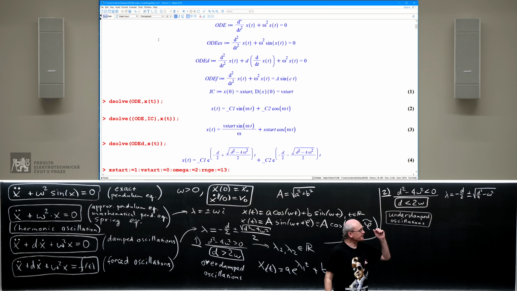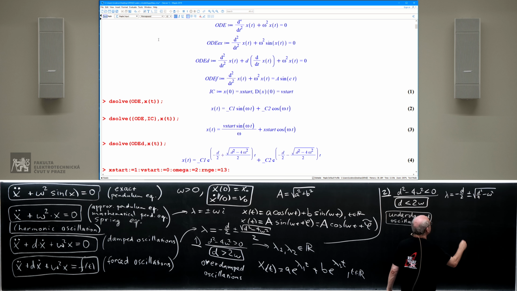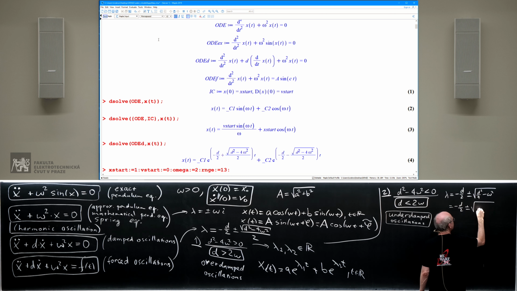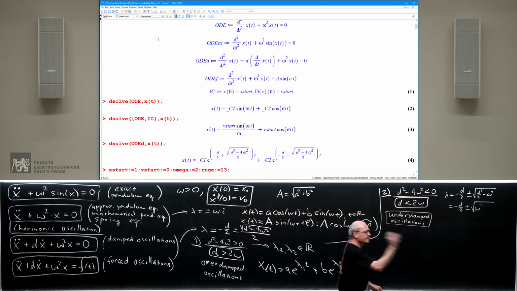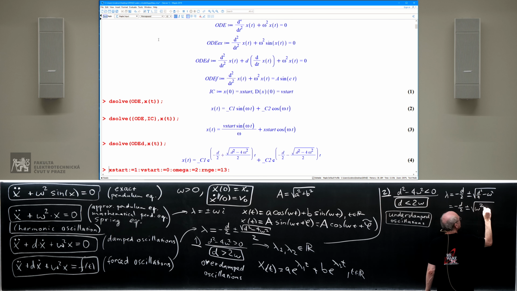And now we know that this is actually a negative number, so we can keep playing with it. This is minus d over 2 plus minus square root of omega squared minus d squared over 4, and this is a real number now, times i.